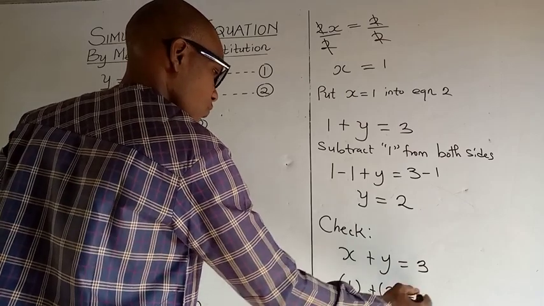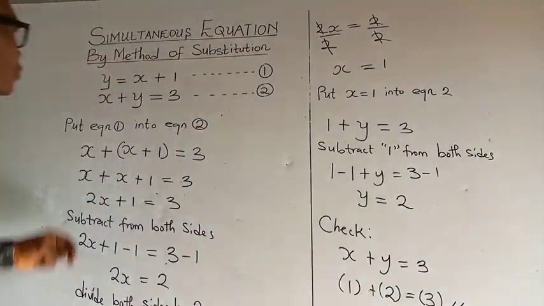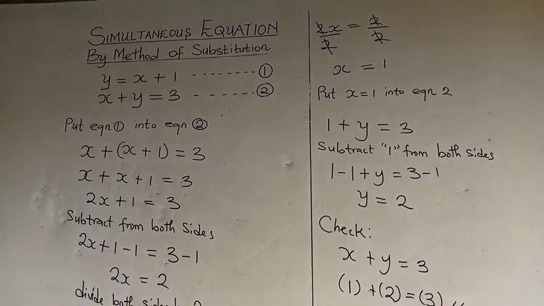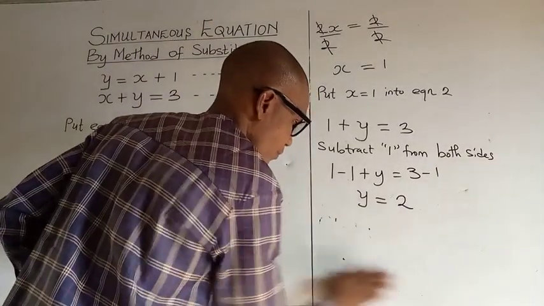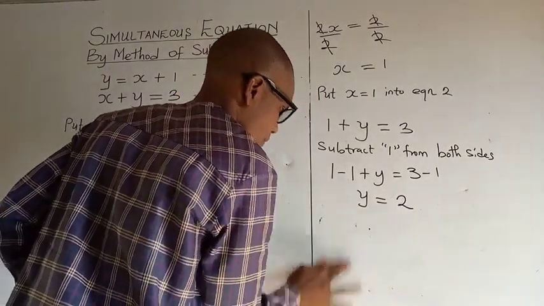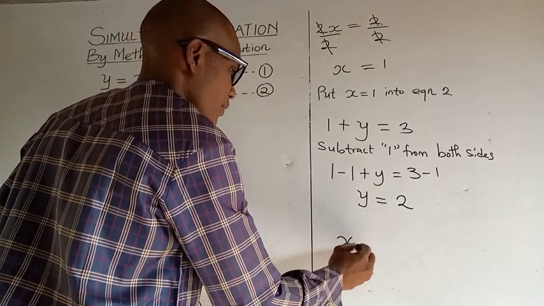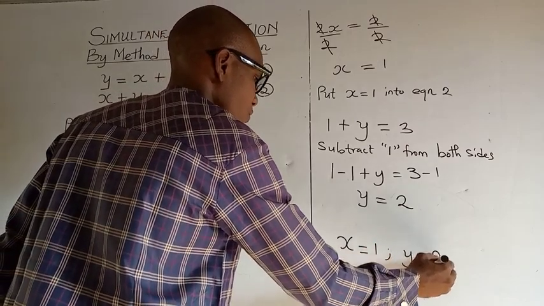If we add these two, we get 3. So it means what we have here for the substitution method is correct. It means that x is equal to 1, while y is equal to 2.